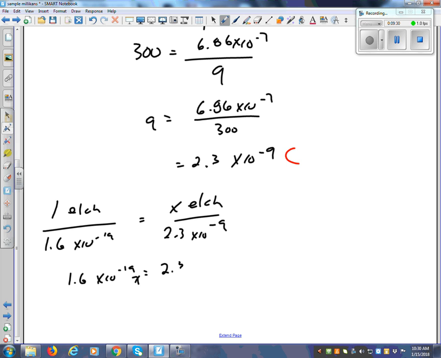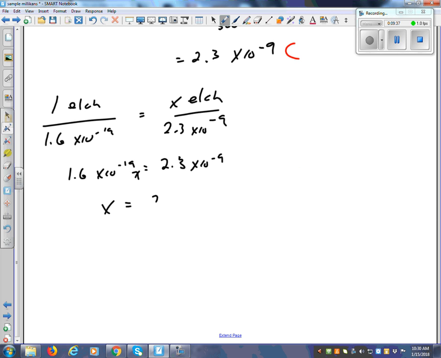You end up doing a whole lot of writing. Basically all you're doing is dividing by 2.3 times 10 to the minus 9. You are dividing by 1.6 times 10 to the minus 19, right? You can just show the dividing.